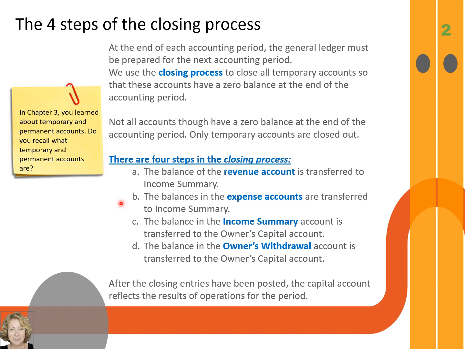We close the income summary account to the capital account, and then we close the owner's withdrawals and dividends to the capital account as well. After the closing entries have been posted, the capital accounts reflect the results of the operations for the period. So let's look at the process step by step.